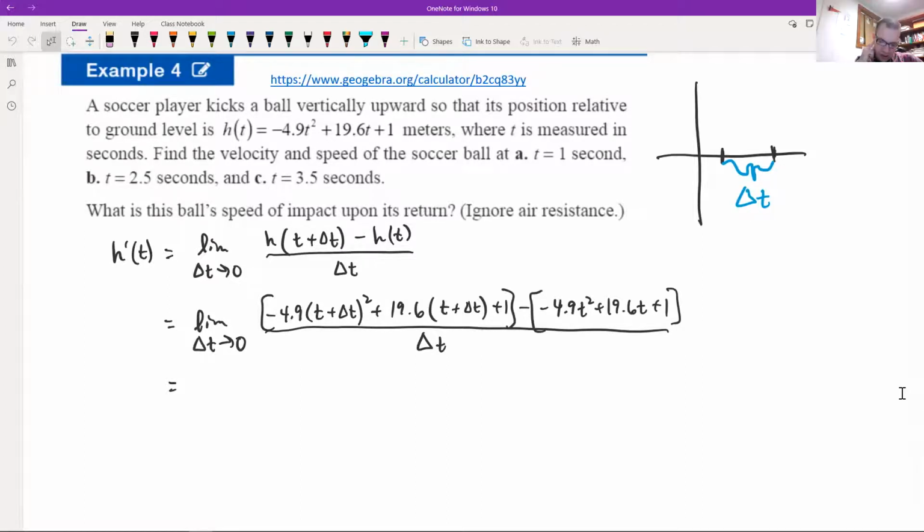Goodness. We've got to multiply this first part out.